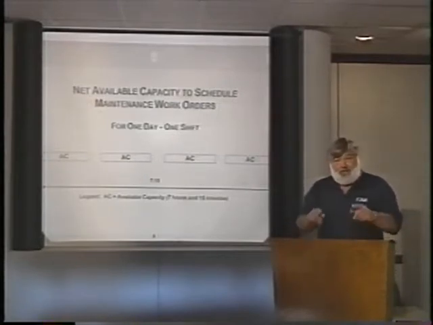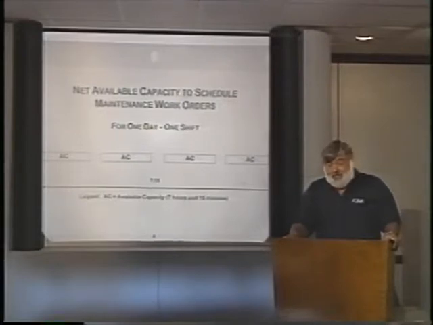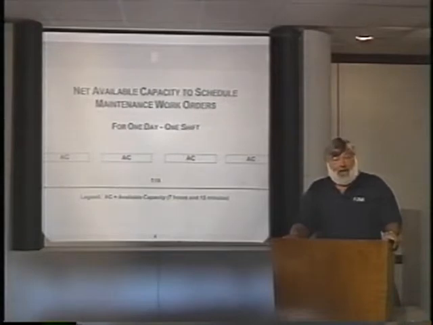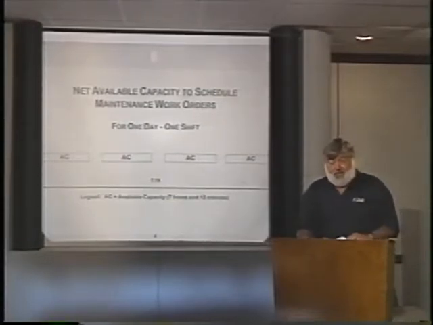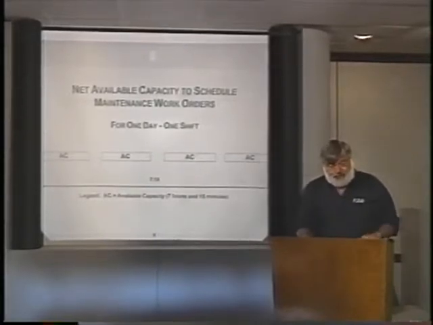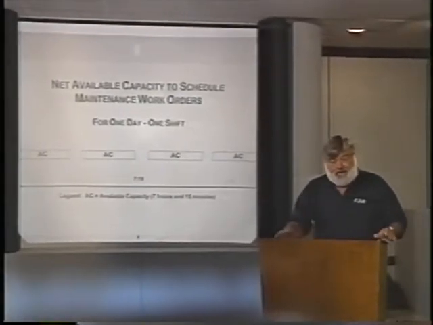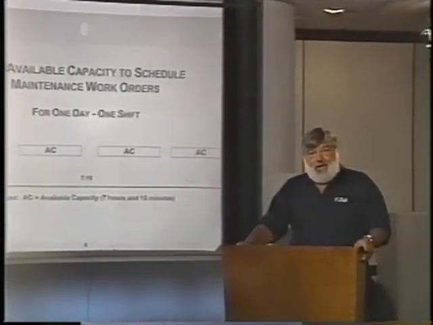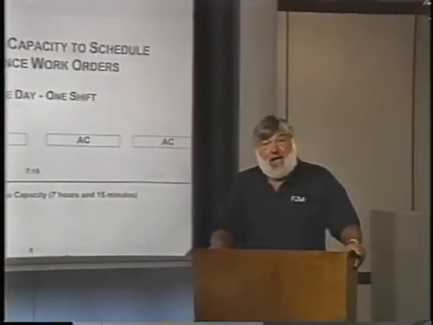So we can replace those 4 individual AC blocks with 1 block and indicate for this person we're going to have 7 hours and 15 minutes of available capacity, again at 100% utilization. Now, I've indicated that when we get into planning and scheduling, we're going to talk about the utilization of the craft personnel.